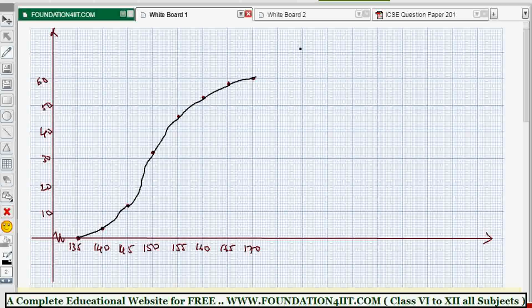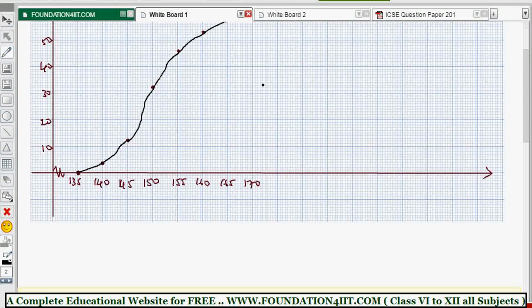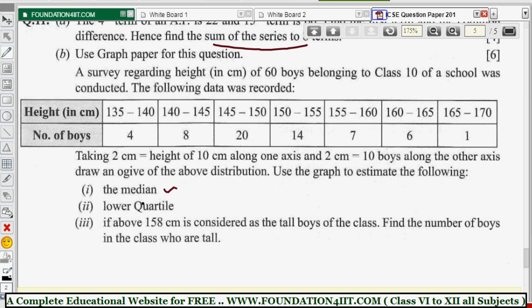Then after joining, now the median. So the median is the 60th term, so total is n by 2. Now observe the question: median and lower quartile. The median formula is n by 2. Lower quartile is n by 4. You know that, so we can use both.